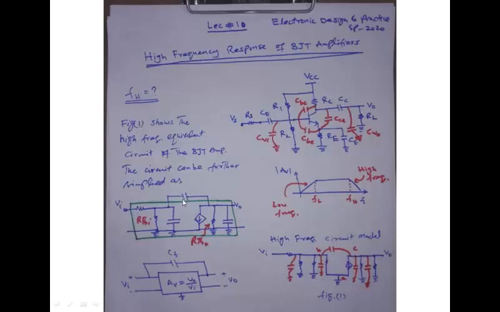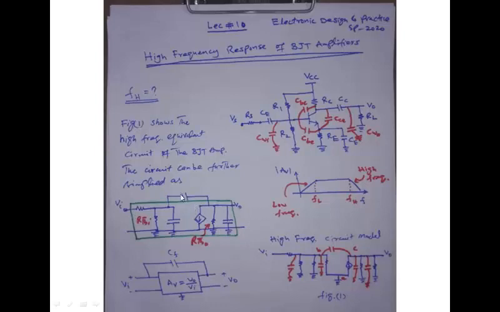There is a theorem called Miller theorem, which helps to simplify this problem. Miller theorem says that this capacitance which couples the input and the output can be decomposed into two capacitances, one when you look at the circuit from the input side and the other one when you look at the circuit from the output side.